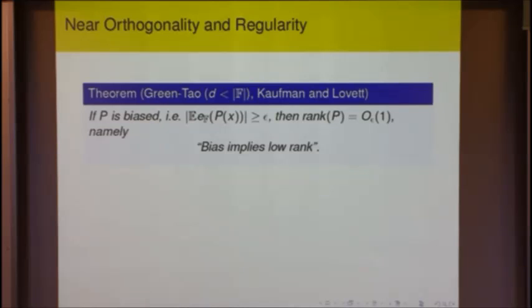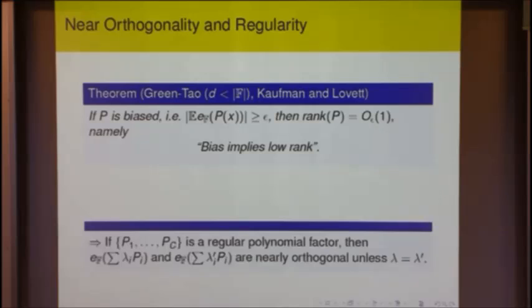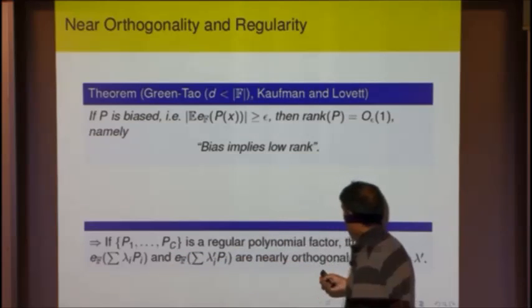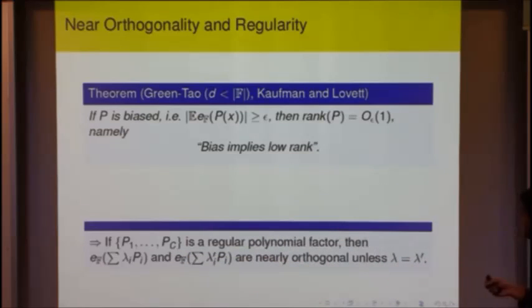So this immediately means that if you have a factor P1 through Pc which is regular, meaning any linear combination of P1 through Pc has high rank, then any two linear combinations of these polynomials are nearly orthogonal to each other unless you have the same linear combination.